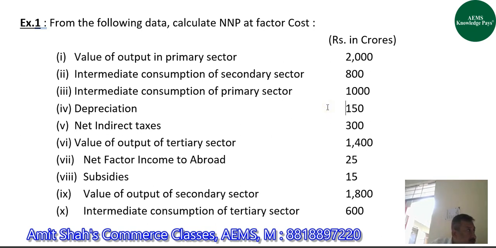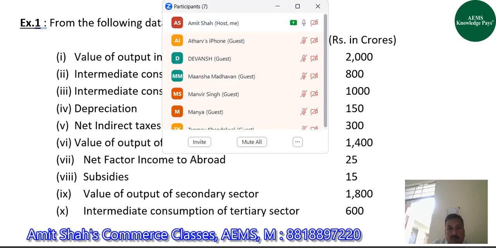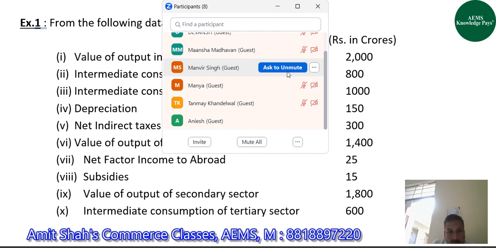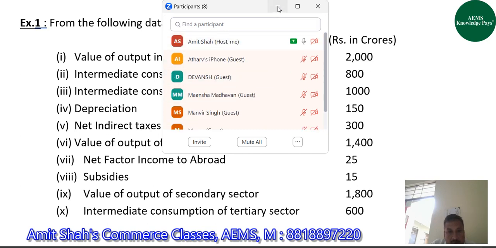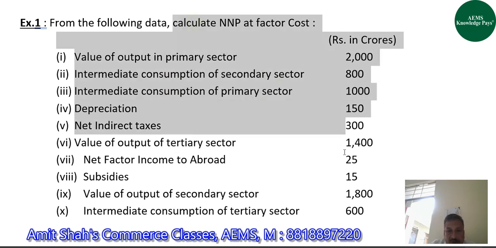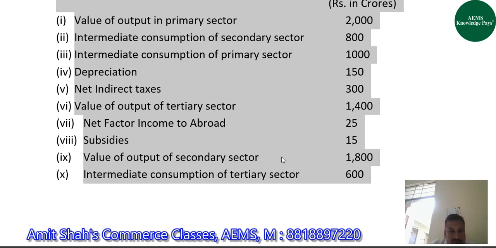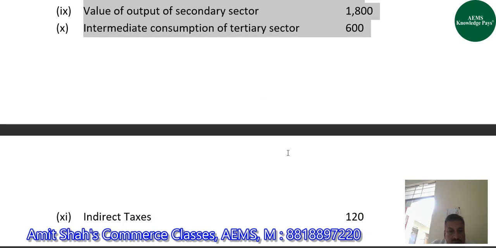Then, guys, noted down this question. Yes, sir. Everyone, guys, have you noted down this much? Yes, sir. Note down this also, guys.